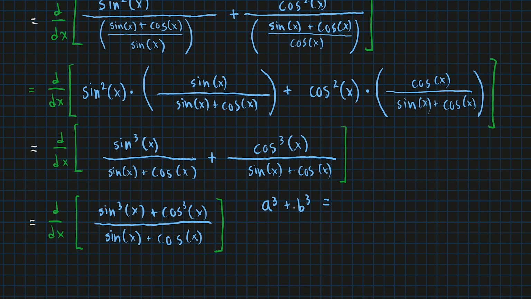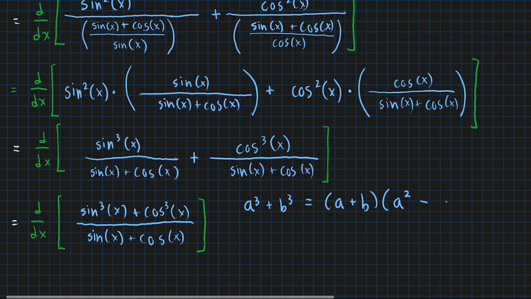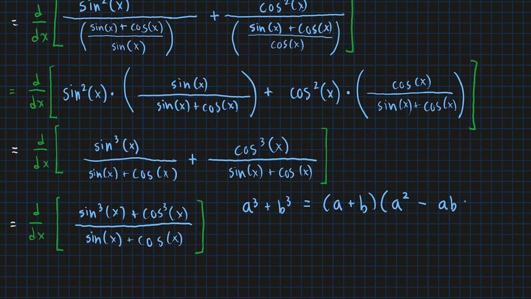We know that a sum of cubes, a cubed plus b cubed, is equal to a plus b times a squared minus ab plus b squared. If this is new to you, all you have to know is that if you multiply these two expressions, you indeed will get an a cubed out here, right?